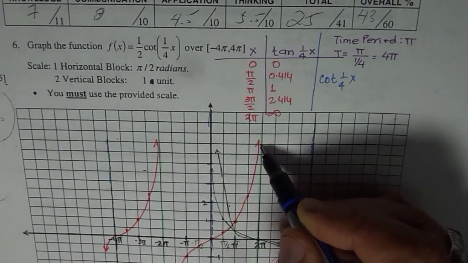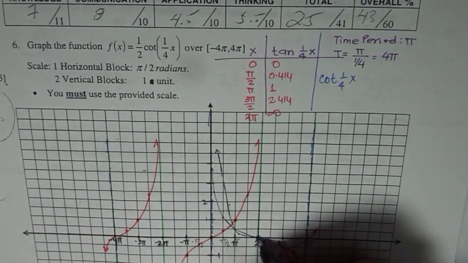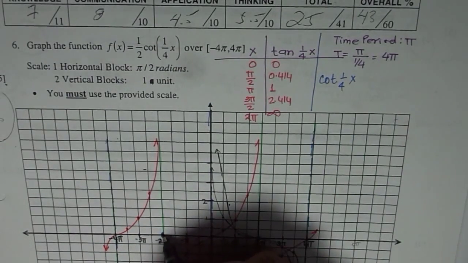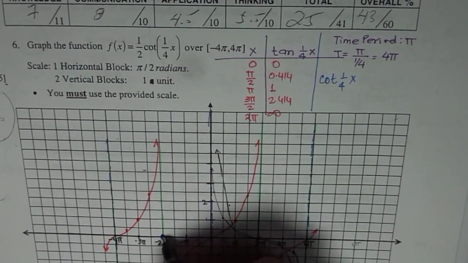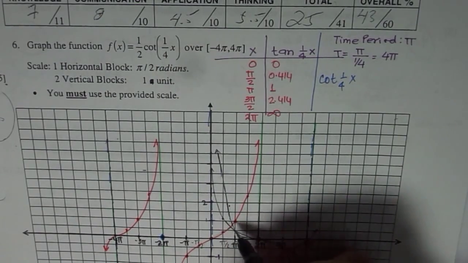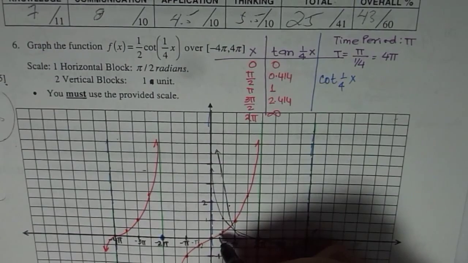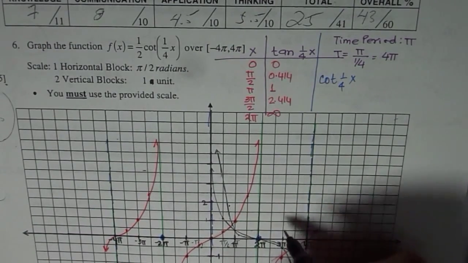The vertical asymptotes where the function is approaching infinity will become zeros. So these are my zeros for the cotangent function. You get the idea. So the vertical asymptotes which used to be there will become my zeros. So this is my 0.